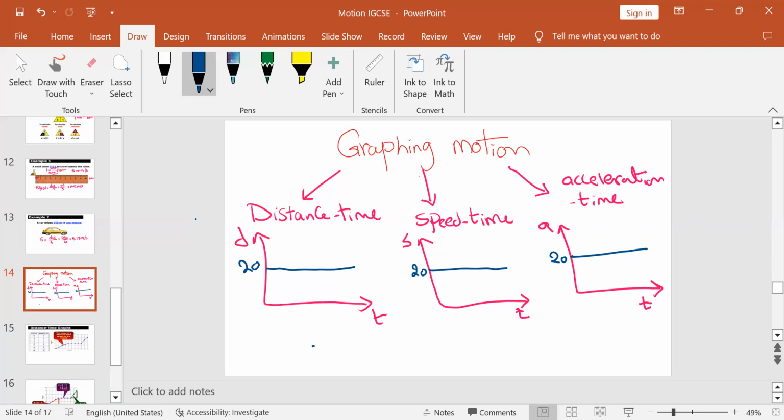It's constant. Constant what? The motion. Do you think here that the body is moving? Here is the distance. This number 20 means that the object is 20 meters away from the starting point. So here the object is standing still at 20 meters away from the starting point. Is the distance here increasing?